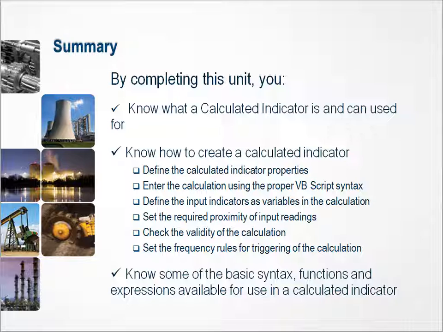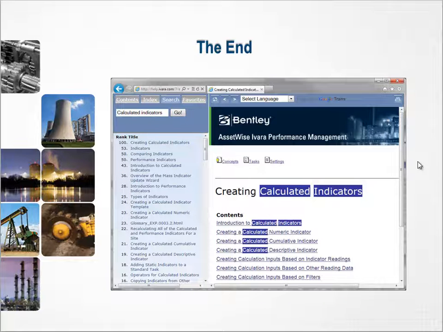And you should also know some of the basic syntax, functions, and expressions available for use in a calculated indicator. For more information on the types of calculations possible and the proper syntax to use, search for calculated indicators in the Bentley APM help file.